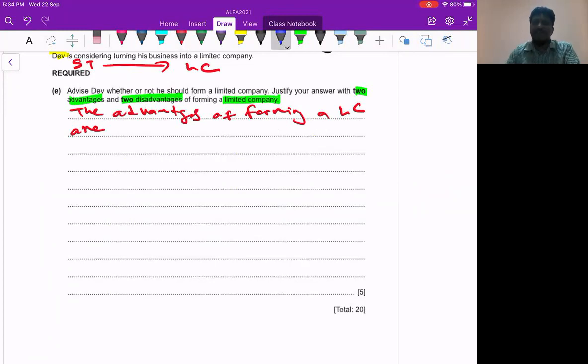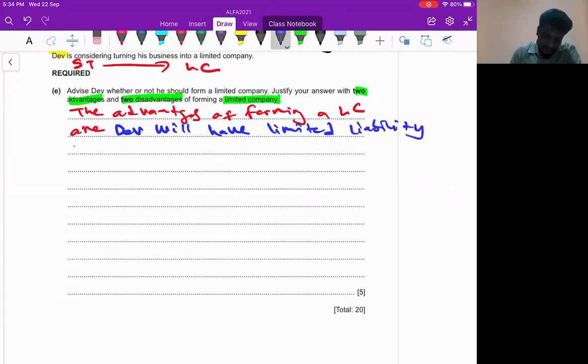The best thing of a limited company is what? Limited liability. You remember not? When the company goes bankrupt, you don't need to care about that. When the company goes bankrupt, we say we don't know. So that's the best thing of a limited company. So Dave will have limited liability for the debts of the company.